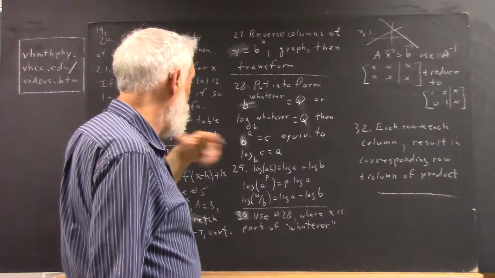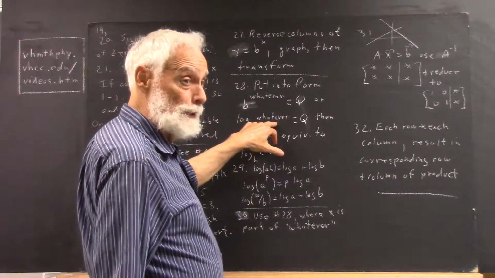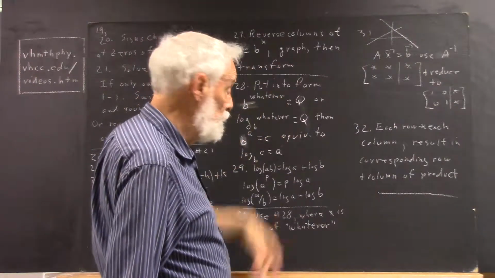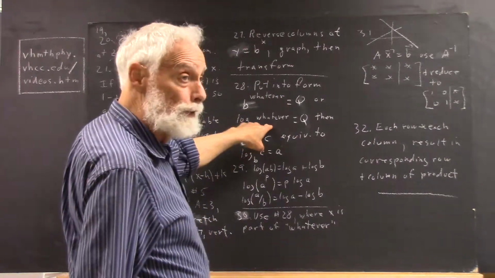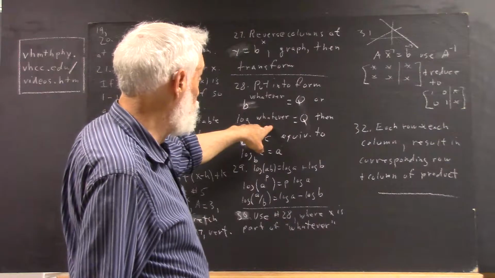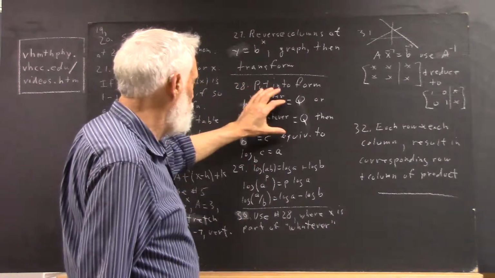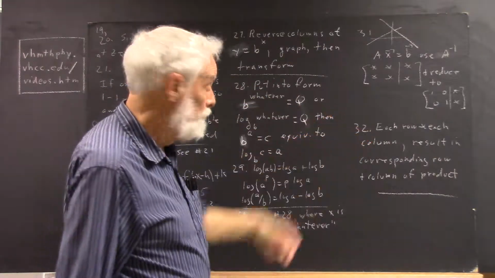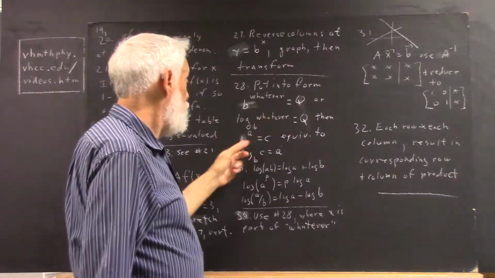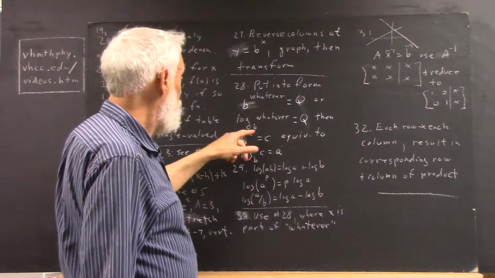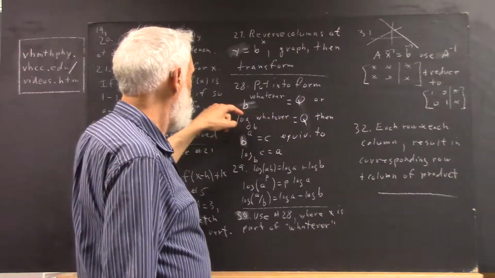And of course, if you have log to the base b of some whatever equals some other q, and the whatever contains the variable you're trying to solve for, that variable's all tied up within the log. You can't get to it. You change it to exponential form, which would be b to the q equals whatever.